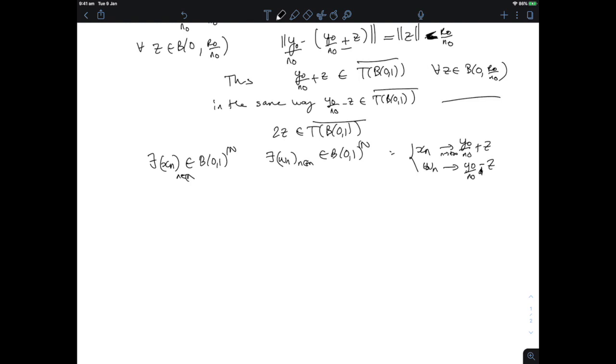That's because these points are in the closure.